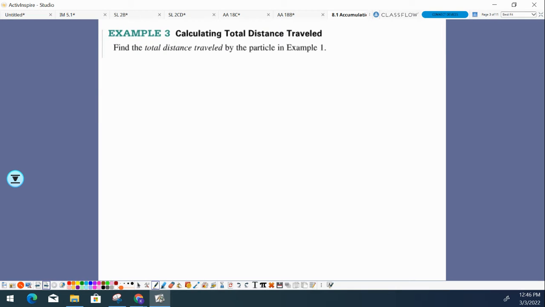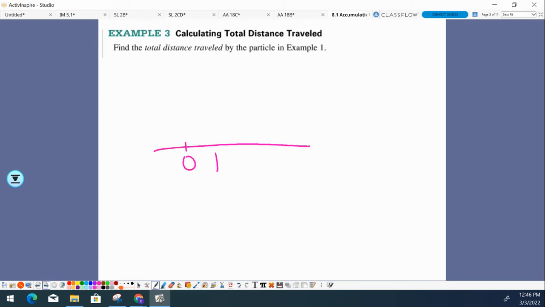Okay, so now if we want to do total distance, this is really important. Let me just do a for instance, and it'll be easier if you're in person here, but you're not. If I start, let me just make a little number line. All right.